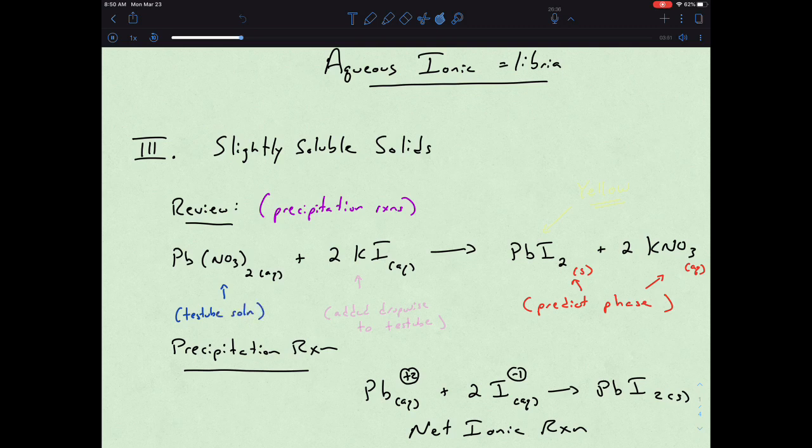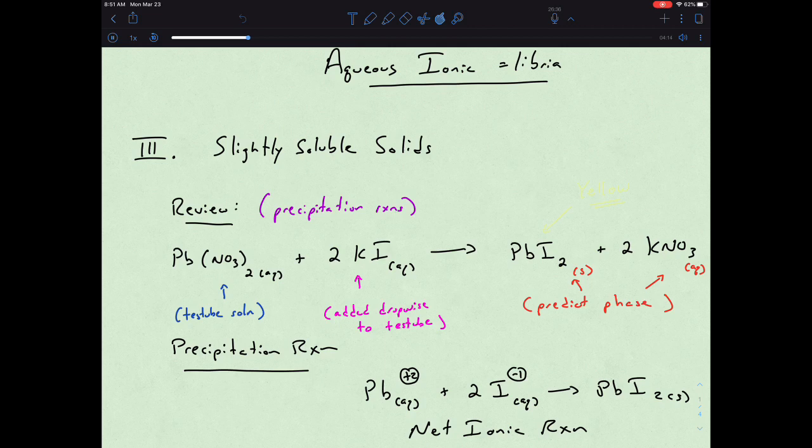And then our potassium iodide was added dropwise to that test tube.